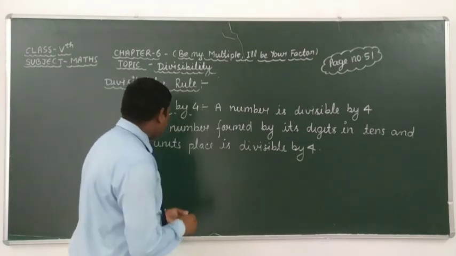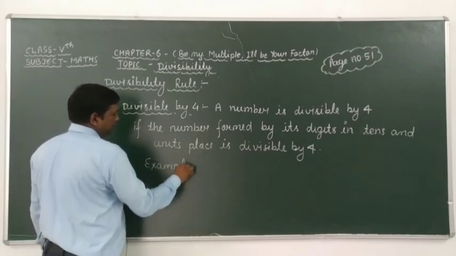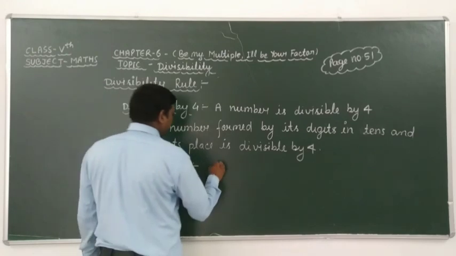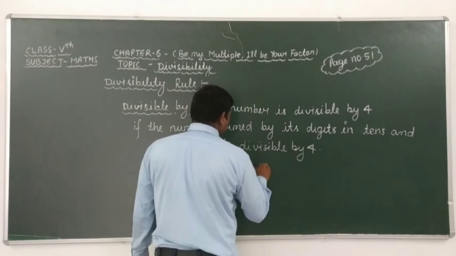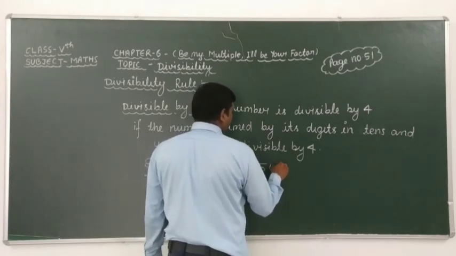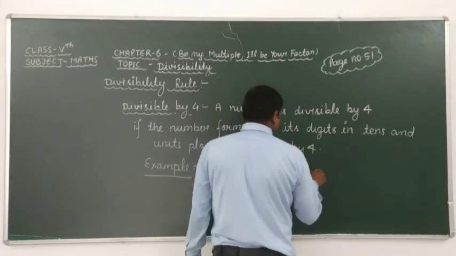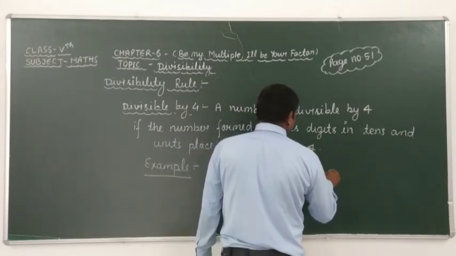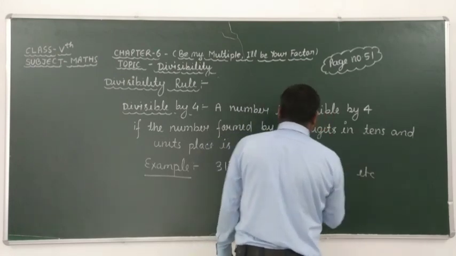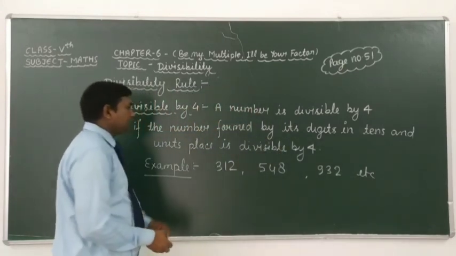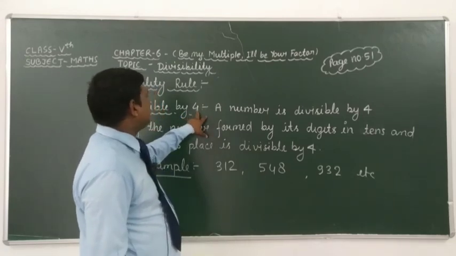Okay, students, look here carefully. Here we have to take examples: 312, 548, 932, etc. Here given 312.